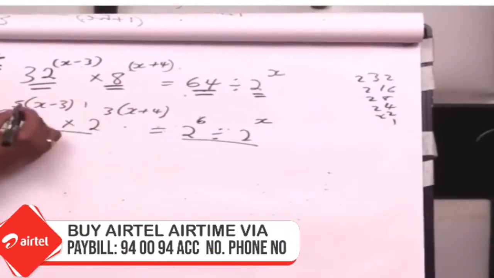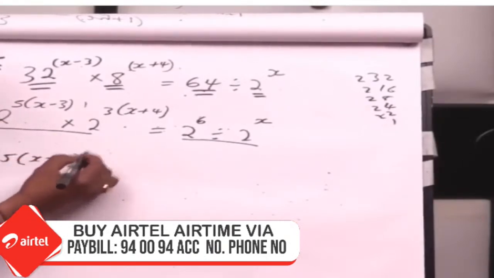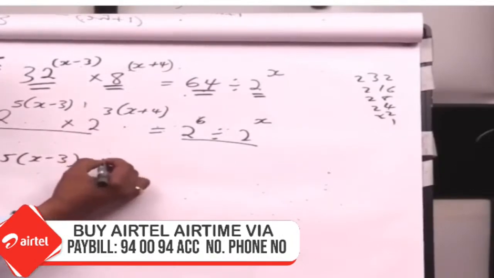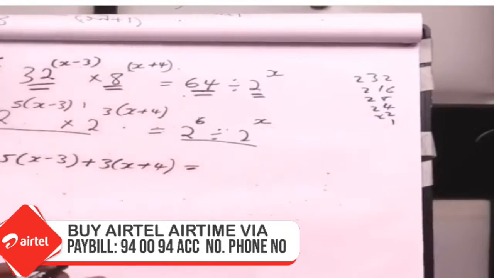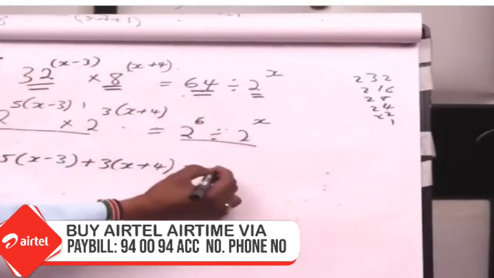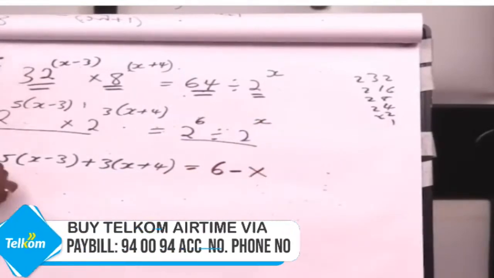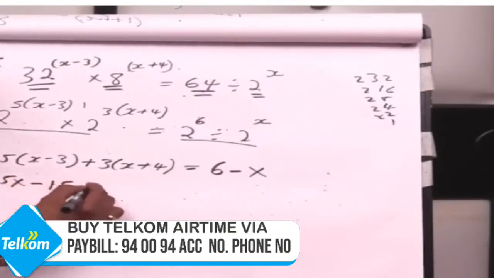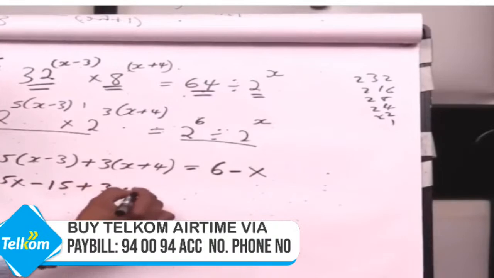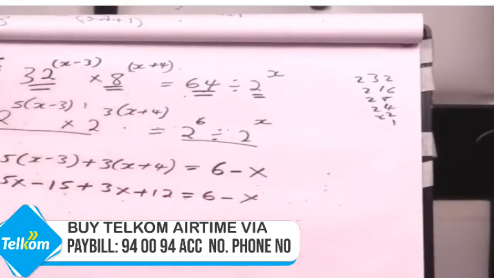So this becomes 5 into x minus 3 plus 3 into x plus 4 equals to, when it is division, you do the opposite. You subtract the powers, 6 minus x. Open the brackets. 5 times x is 5x minus 15 plus 3x plus 12 equals to 6 minus x.